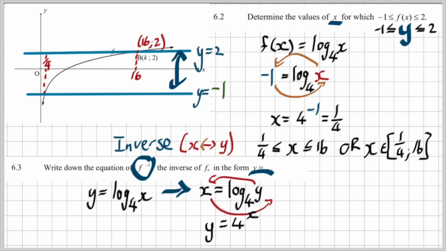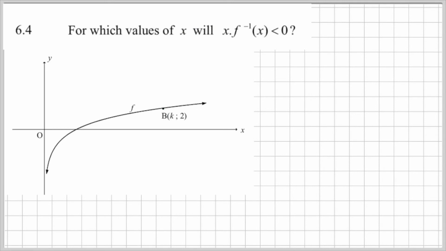Let's have a look now at the next question. Question 6.4. Now, question 6.4 relates in a very, very weird way to x and f to the negative 1 of x. So what I'm going to do is I'm going to do it the traditional way for me, which is drawing a graph. So I'm going to first draw f to the negative 1 of x.